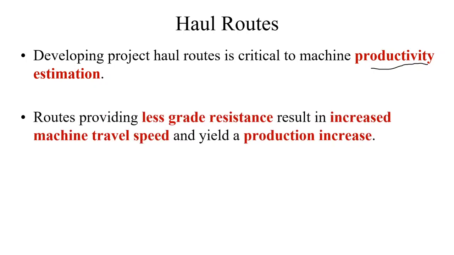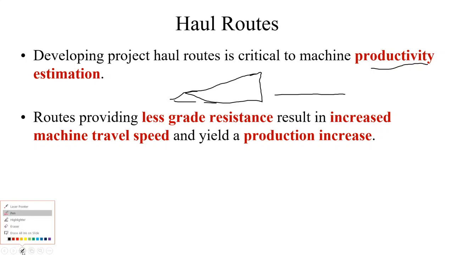Okay. So routes providing less grade resistance result in increased machine travel speed. Obviously, compare a level surface with a surface with some slope. It's not the best drawing, I'm sorry.